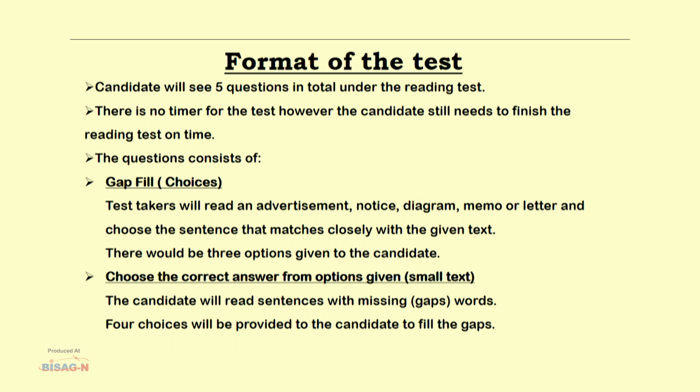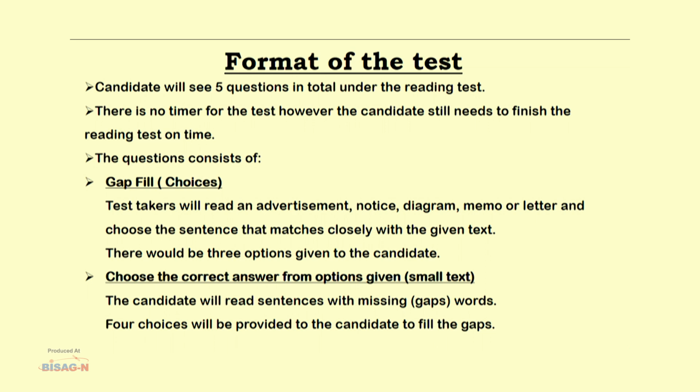Now, what is the point that the candidate has to remember under this section? The candidate will be provided 4 choices, but the choices will be based on the passage or the text shown on the screen. The text can be anything which is related to advertisements, notice, diagram, memos.